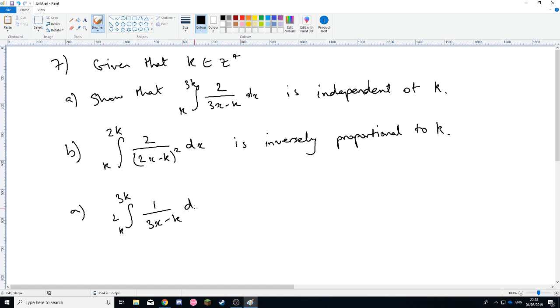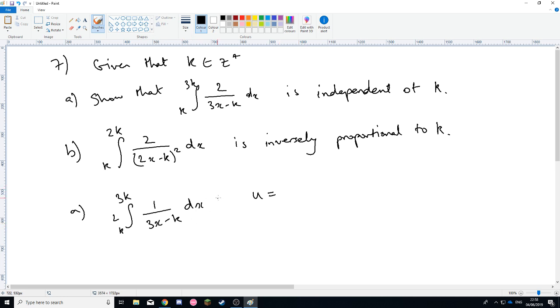the integral of 1 over (3x minus k) dx. So you can do this two ways. You can either do this by substitution, or you can just do it by reverse chain rule. For the sake of going through substitution, we'll actually do substitution. So we can say let u is equal to, okay, a good tip for substitution is always let it be the denominator. You'd rather have something messy as a numerator than have it messy in the denominator.